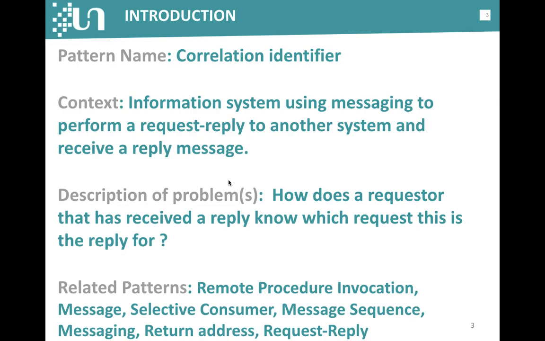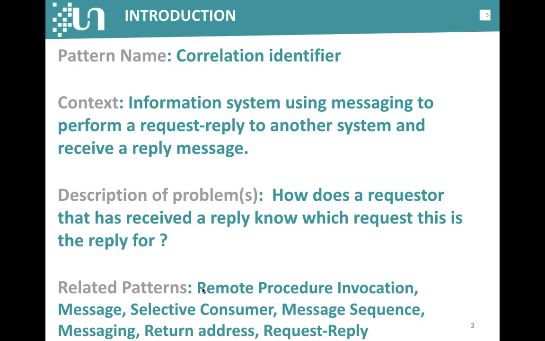Integration patterns are a set of best practices used in enterprise to enable better data exchange between information systems. The one I'm talking about today is called correlation identifier. It is its original name, but often it's also called CID.